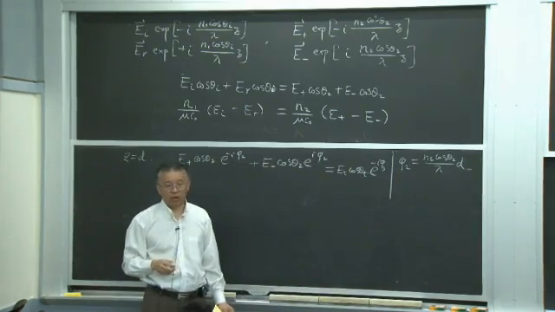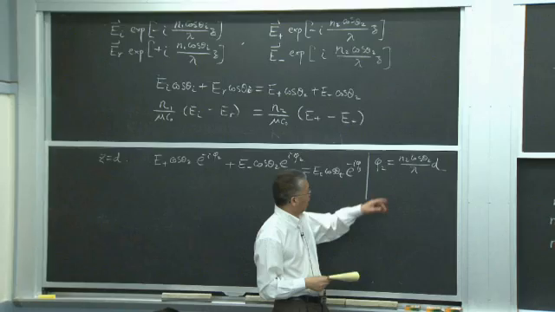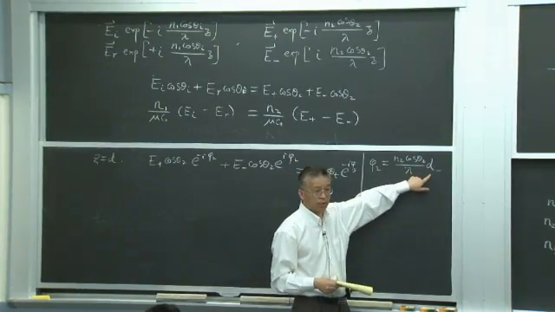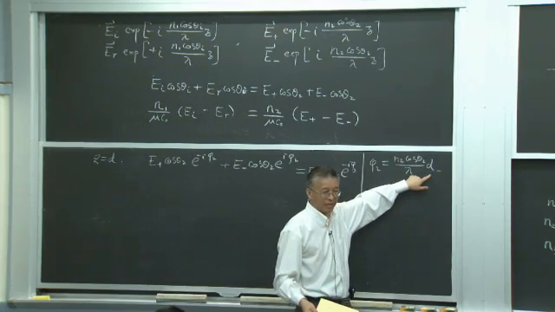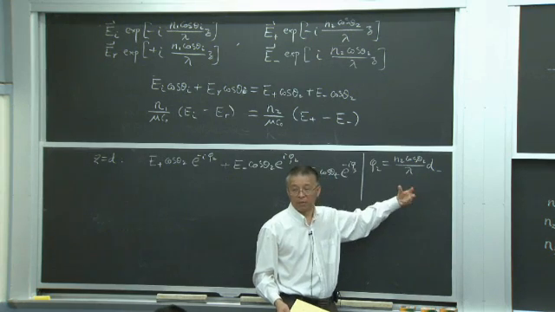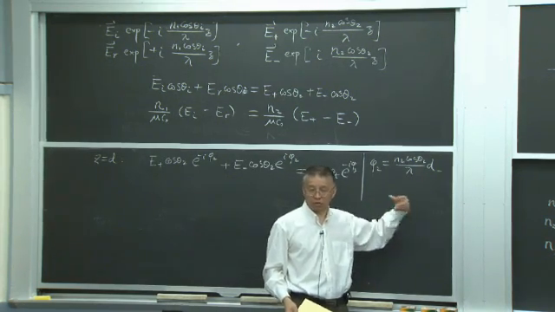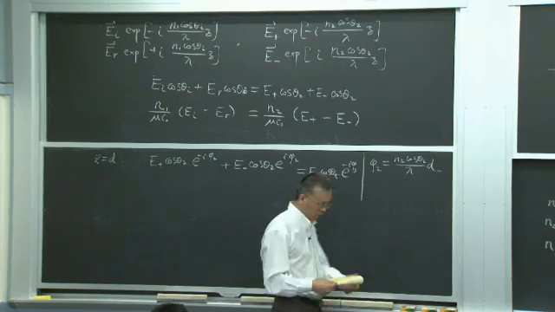And this phi 3 is N3 cosine theta 3 over lambda times d. It doesn't matter. In fact, you can restart your coordinate, this phase factor, at the end, because when you calculate the transmitted, this phase factor cancels and drops out when you do the ratio.